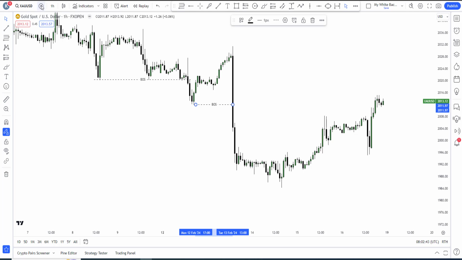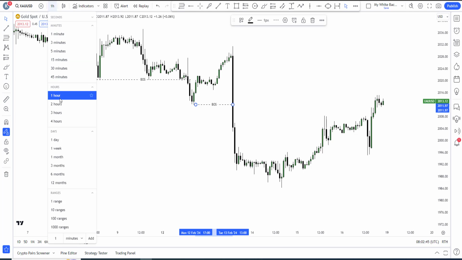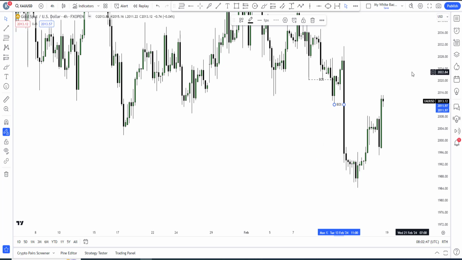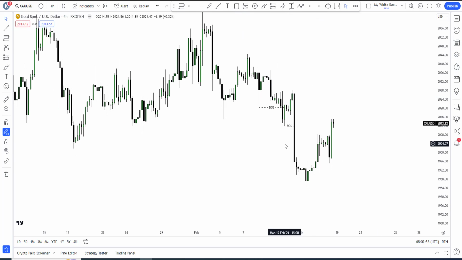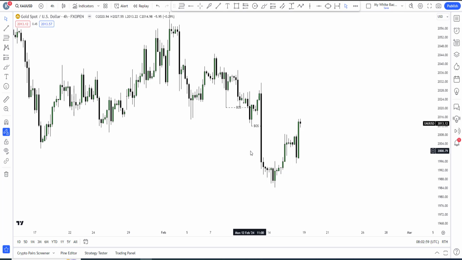Now, if I go to the 4 hour, if I saw that my 4 hour is in a downtrend, that means I know for the meantime I'm going to be bearish. All right, so if I go to a lower time frame than the 4 hour, I have in mind that the bigger time frame is lower. So what I need to do is to actually mark my point of interest.